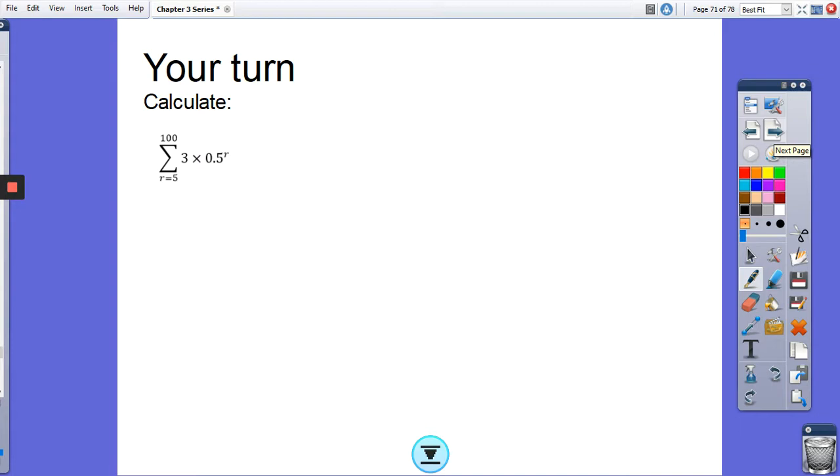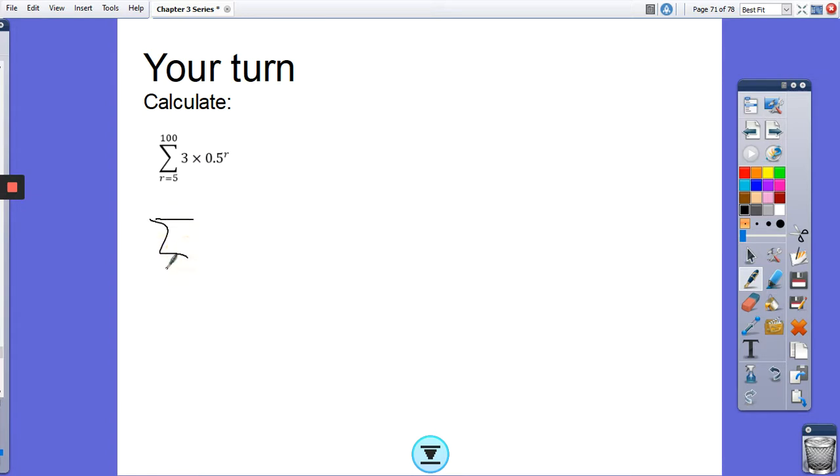Okay, let's have a look at this one. Now, first of all, I haven't broken this down into two parts. You needed to make sure that you break it down into two parts. Let's do the part A bit of it. Let's work out r equals 1 to 100.